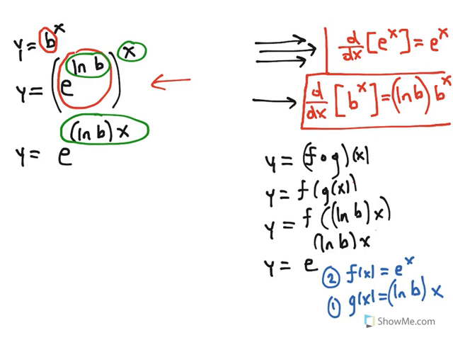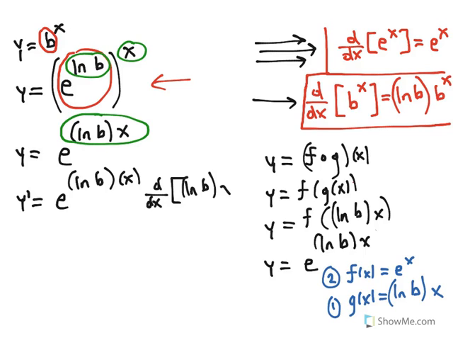So now to use the chain rule, we will begin by finding the derivative of the outside function, which is the natural exponential function, evaluated at the inside function. And then we have to multiply by the derivative with respect to x of the inside function.